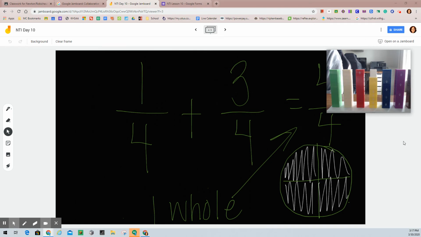Also, we know that 1 plus 3 gets us 4, and we know to keep our denominator the same. Let's look at that with manipulatives. We started with 1/4. We're adding in 3 1/4, so we're adding in 3/4. We know when we get to the top of our tower, that actually equals 1 whole, so I know that 4/4 is the same thing as 1 whole.